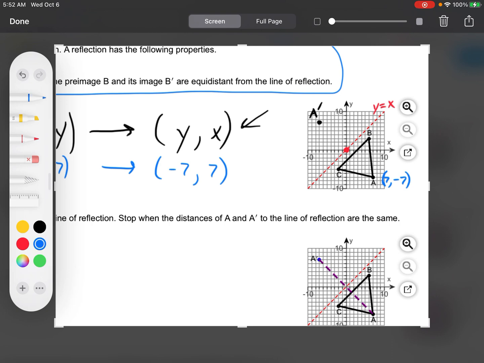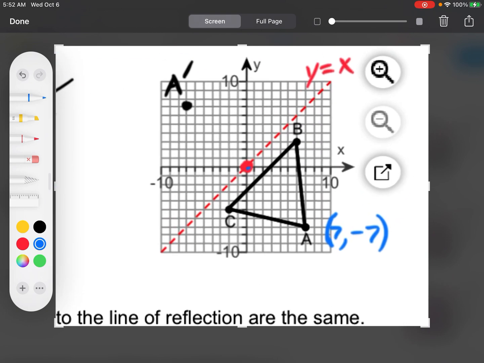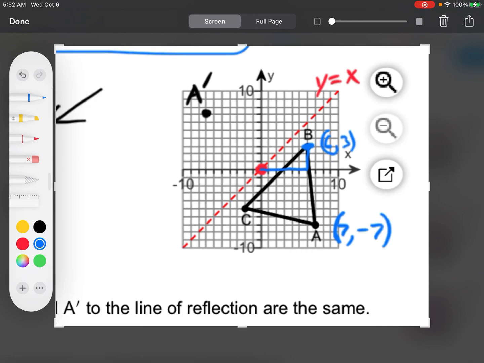So let's look at the coordinates of B. The coordinates of B are 1, 2, 3, 4, 5, 6, comma, oh, I'm sorry, I was going up to the B. 1, 2, 3, 4, 5, 6, 1, 2, 3, right here. So 6 comma 3 are these coordinates.